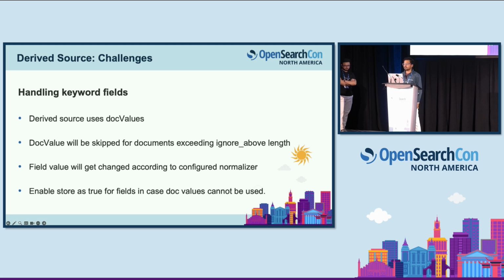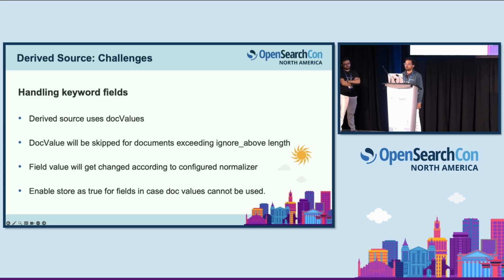Let's take an example of ignore_above. In most cases you might see that it's configured as 256 length. Whenever the field value is above 256 length, we just skip that value and don't store it in the doc value. So in search you won't see it while doing the term aggregation.